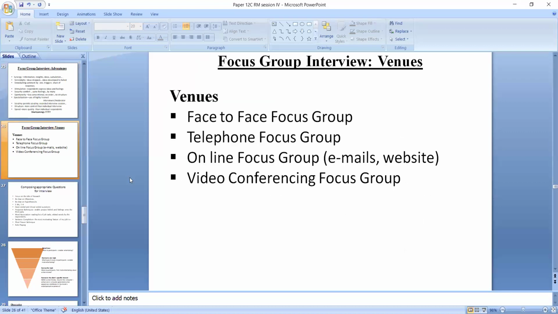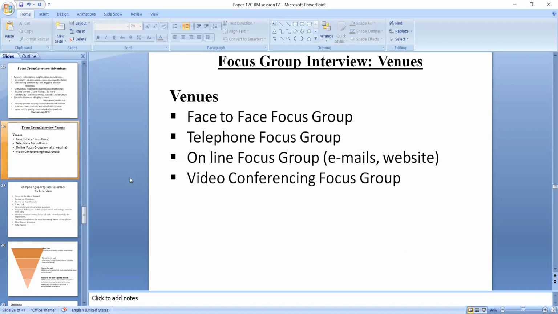Generally, a calm, quiet place where people can comfortably sit, either in a circle or in a classroom manner, maybe a semicircle, is the venue for physical FGDs.